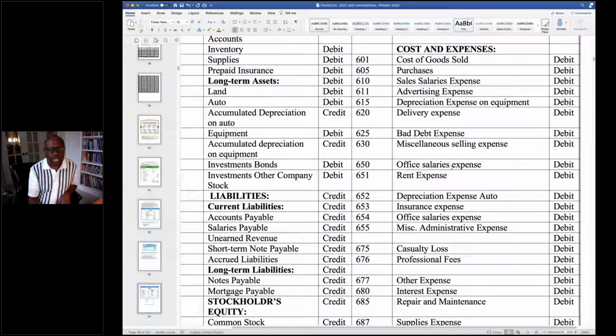And so sometimes we'll say accrued salaries. That is, if you get to the end of the year, you may not be paid at that point in time, but the company will recognize the expense because you worked. They're going to recognize the expense, but they haven't paid it yet.